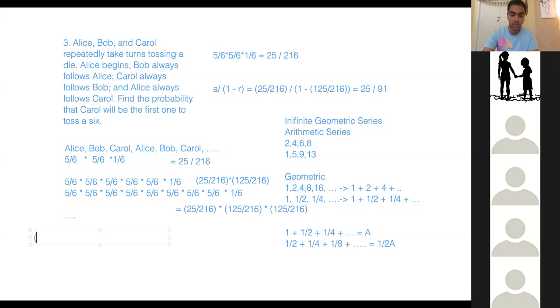It's 25 over 216 plus 25 over 216 times 125 over 216 plus 25 over 216 times 125 over 216 squared, and so on. Can we use the same kind of trick we did with the 1/1/2 to compute this sum? Any ideas?